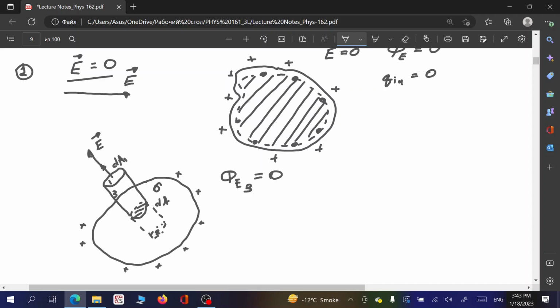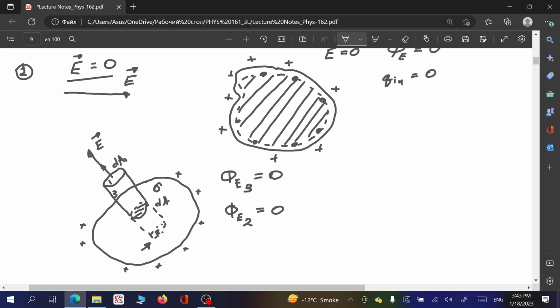Then what will be the electric field flux through surface 2, which is here inside the conductor? 0, because the electric field inside the conductor is equal to 0. So that is also 0.